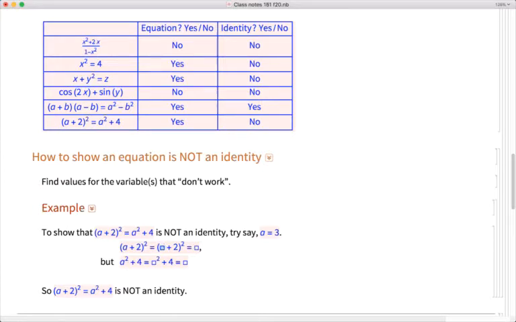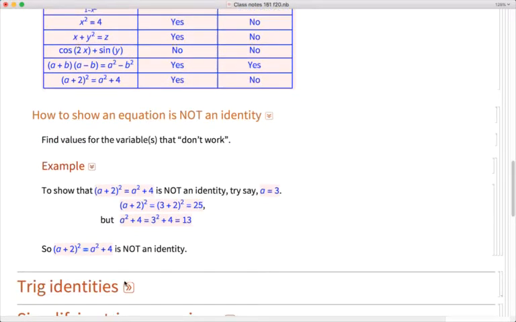Okay, so 3 plus 2 squared is 25, but on the right-hand side, if I square 3 and then add 4, I get 9, 13. It certainly was easier to pick a equal 1 than 3, right? Because 25 isn't equal to 13, this equation is not an identity.